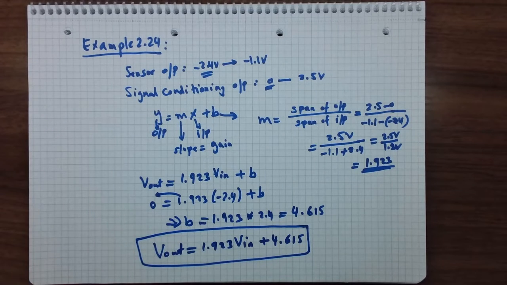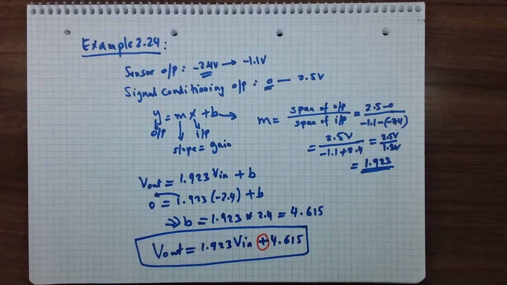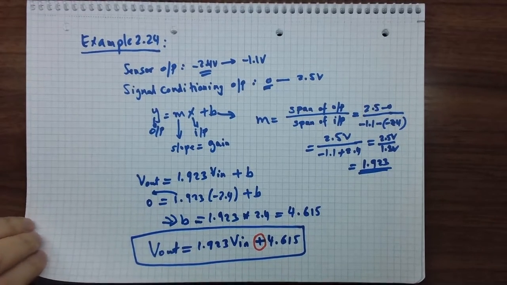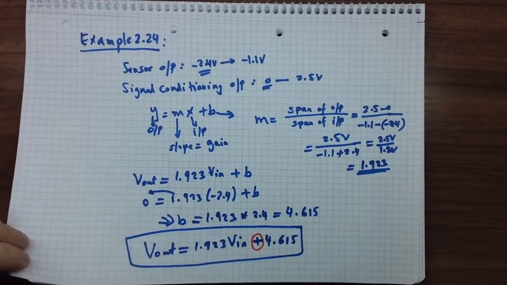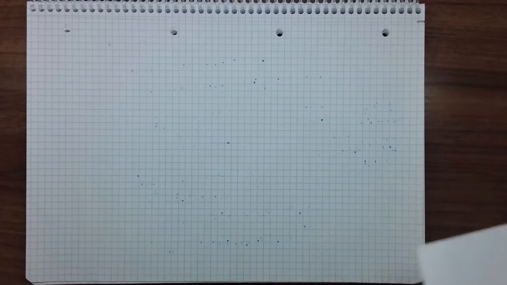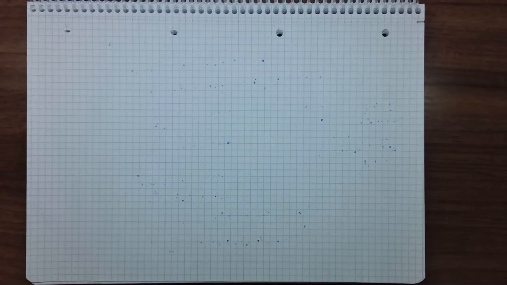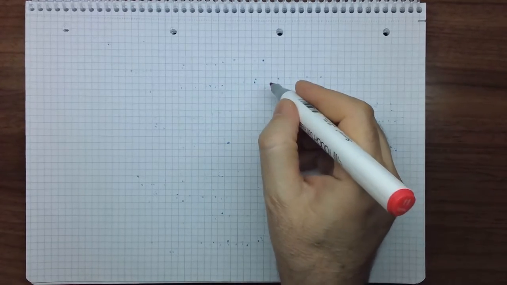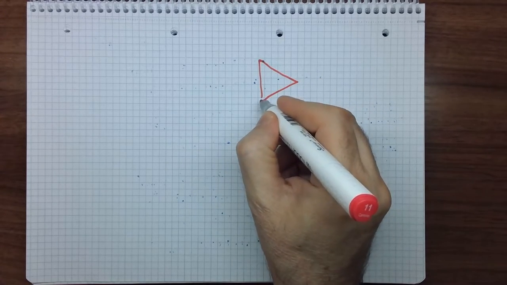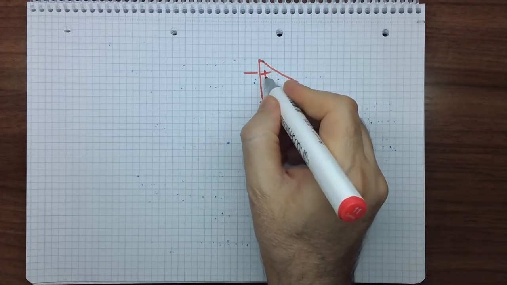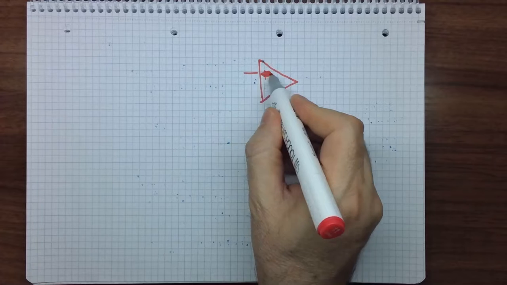Because we have a plus sign here, it is better and more direct to use a summing amplifier. So let's do it using a summing amplifier. The summing amplifier, like this, we have the amplifier, sorry, this is the minus, this is the plus.